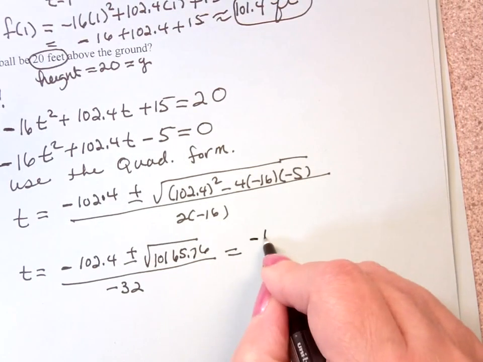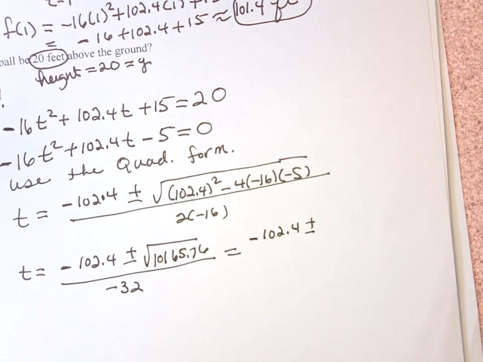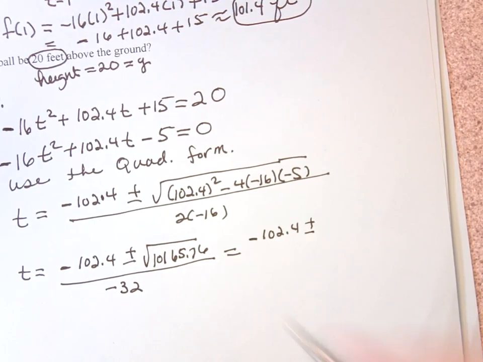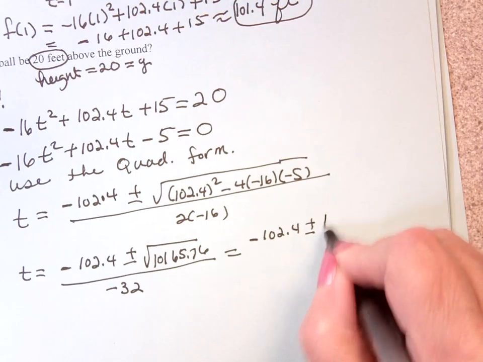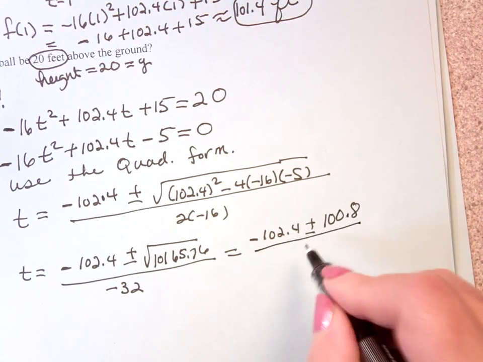So it's negative 102.4 plus or minus the square root of that thing. The square root of 10,485.76 is 102.4, all over negative 32.